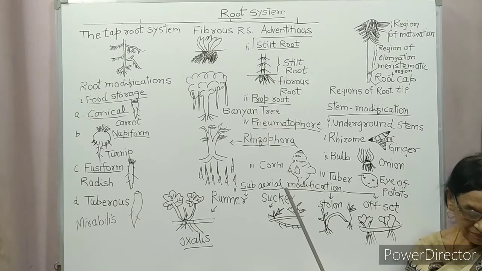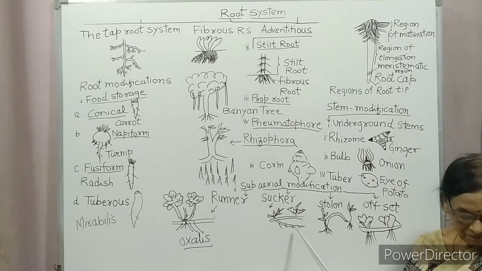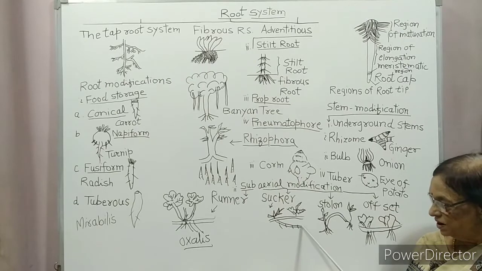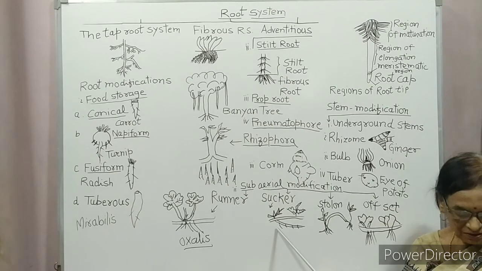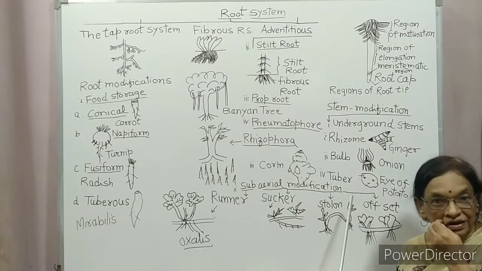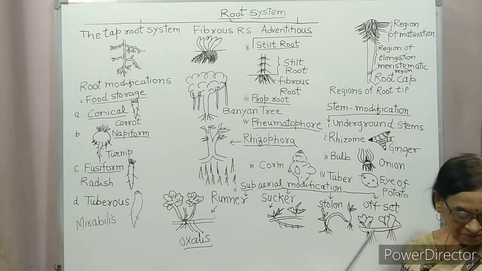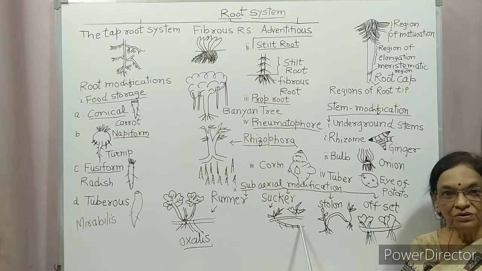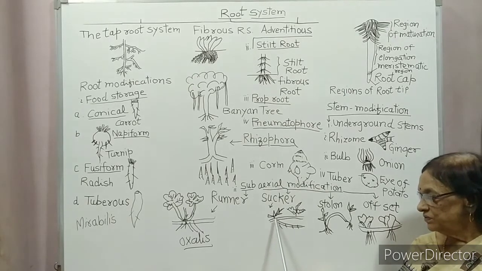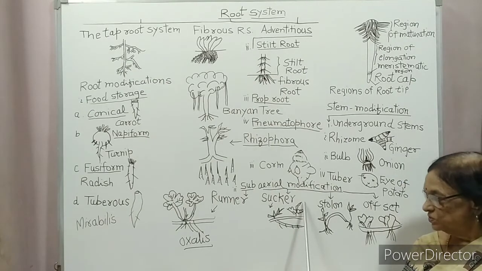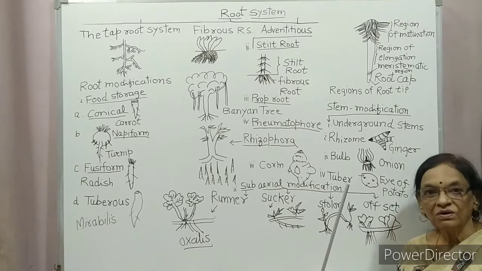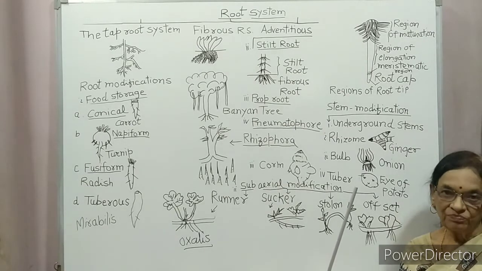Second is sucker. In sucker, a branch arises from the basal and underground stem. Can you see, this is a branch arising from basal and underground stem. This branch grows horizontally below the soil. Then at once it comes out and grows the leafy shoot. Such structure is called the sucker.